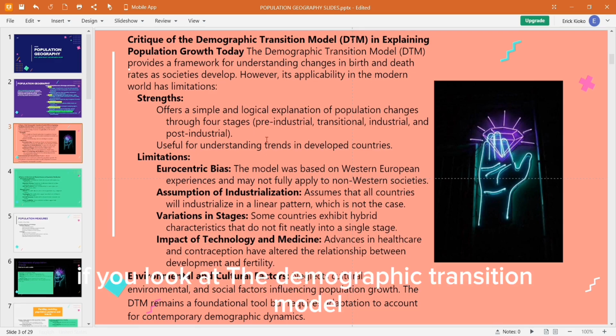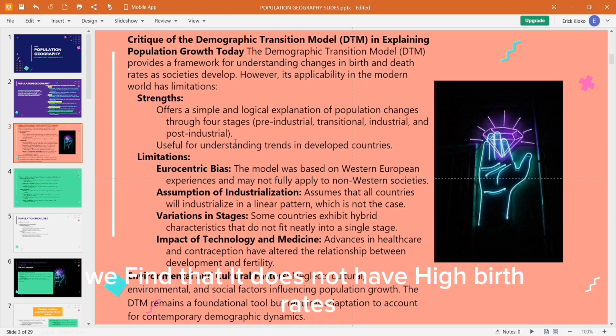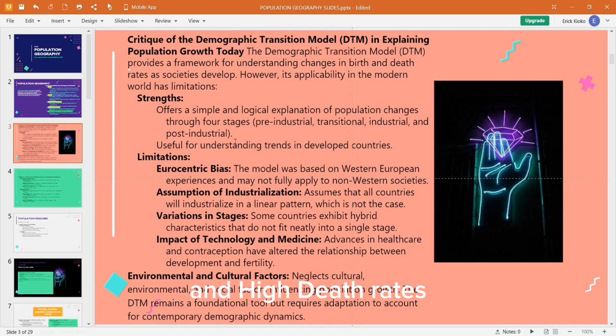For example, the demographic transition model says that in the pre-industrial stage, a country has a high birth rate and high death rate. But currently, a country can be in the pre-industrial stage, but due to contraceptives, we find that it does not have high birth rates and high death rates.